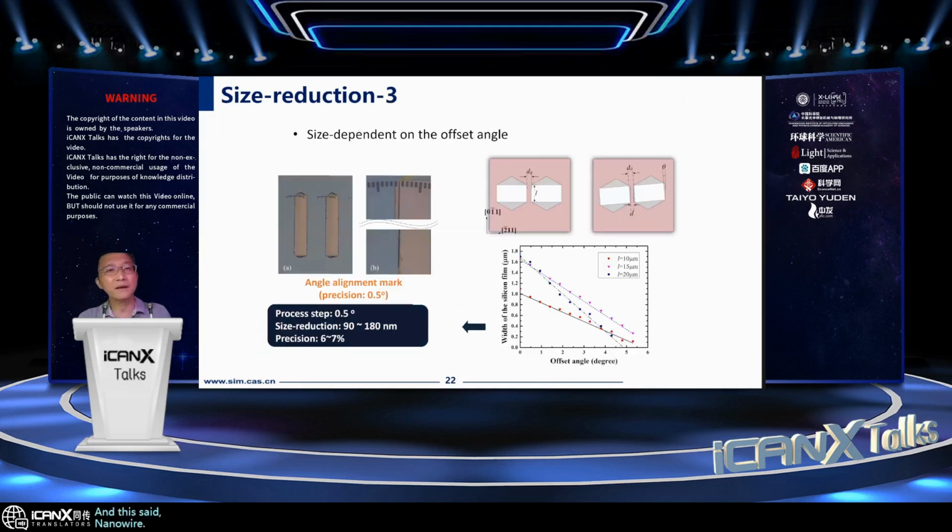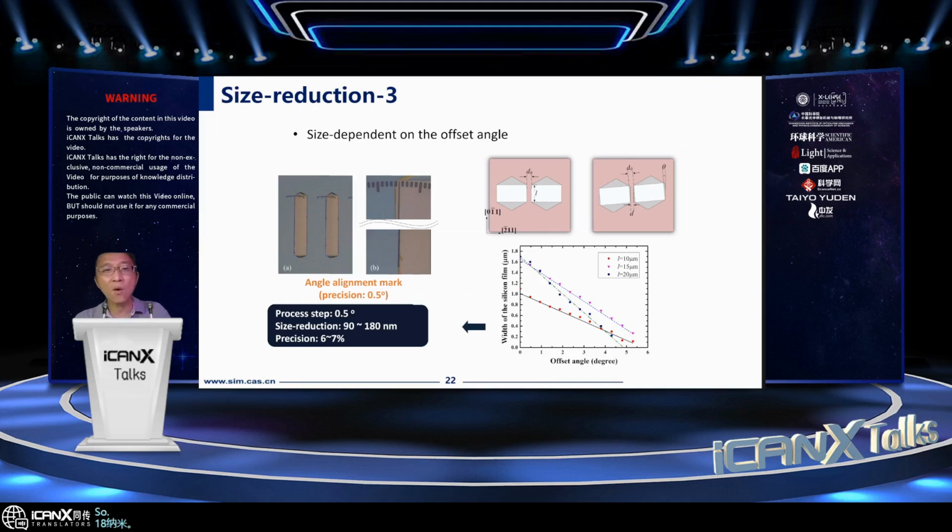And the third part is the angle for the alignment. In general, it's a random part, but if you do it very carefully, you can control the alignment angle very well. And if you can have the offset for 0.5 degree, you will have a size reduction of about 90 nanometers to 180 nanometers.